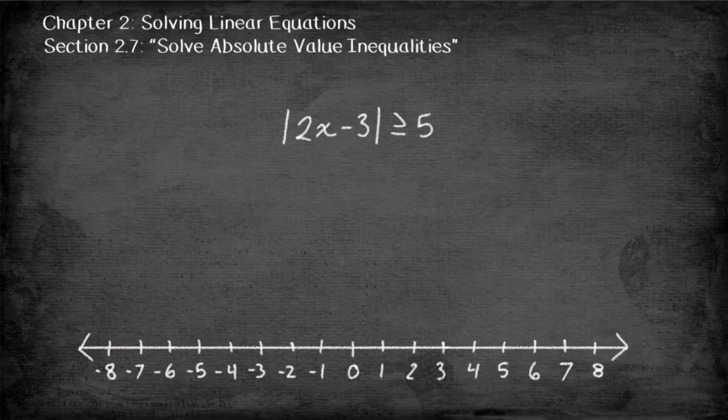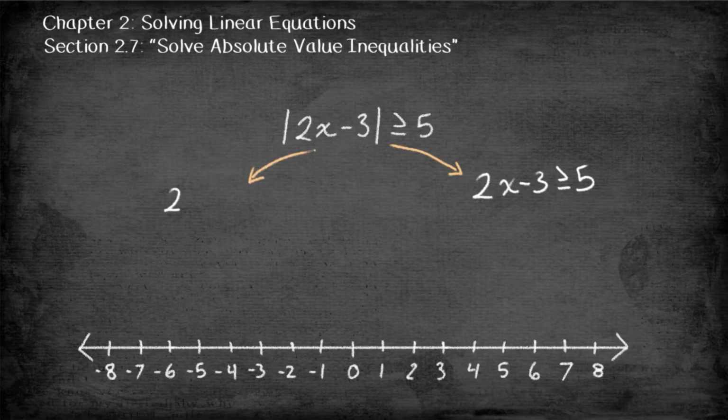All right, example time. We're going to get two inequalities, much like we did with the absolute value equations. Either 2x minus 3 is greater than or equal to 5, or 2x minus 3 is less than or equal to negative 5. And then solve.